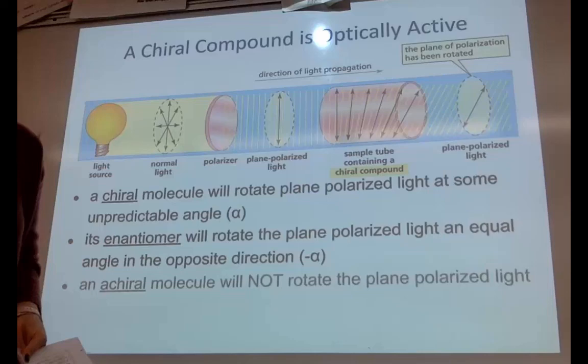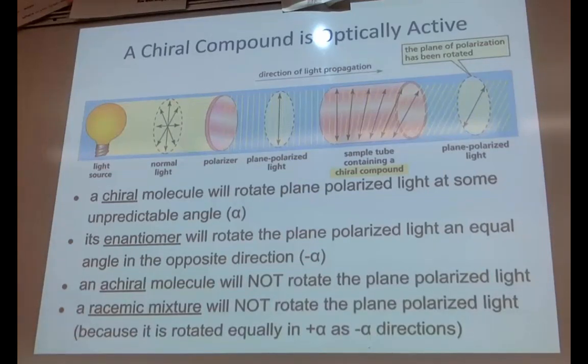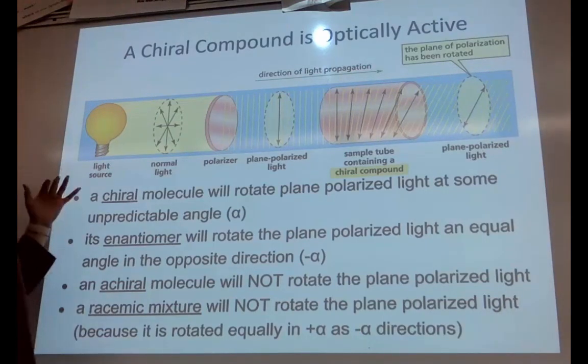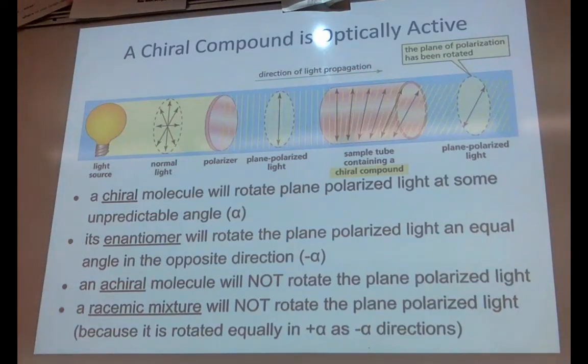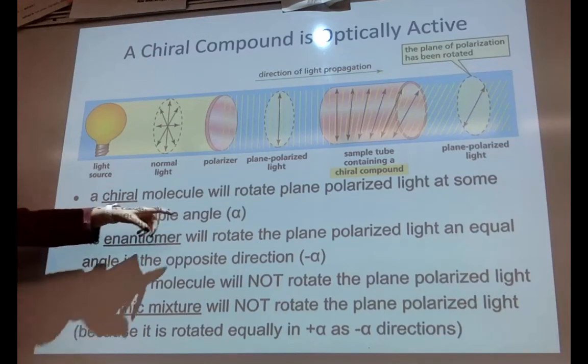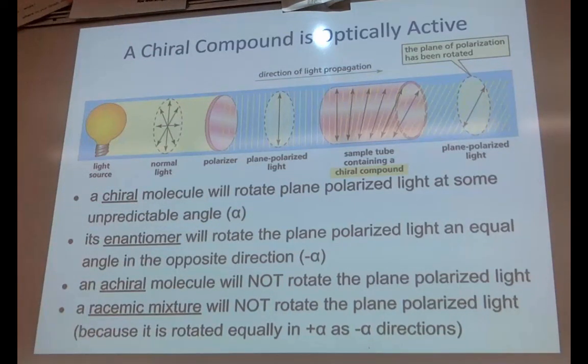So here's just summarizing what happens with optical activity. A chiral molecule will rotate it at some angle, and that is given by the symbol alpha. Its enantiomer will rotate it the same angle, but opposite. So it's alpha and negative alpha.